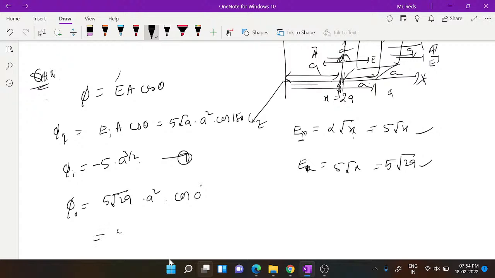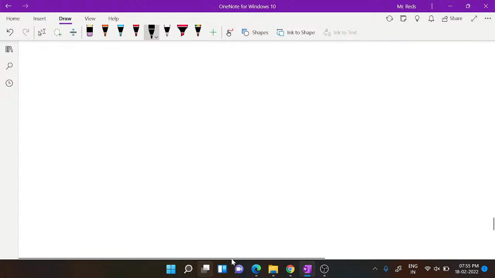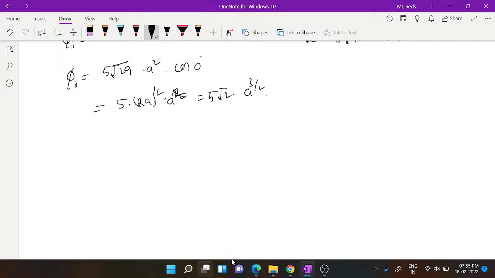So you can write it as plus 5 into 2a power half into a squared, which is 5 root 2 into a power 3 by 2, since a power half into a squared gives a power 3 by 2. That is the outward flux.